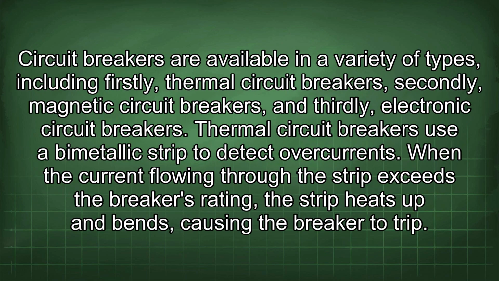Circuit breakers are available in a variety of types, including firstly, thermal circuit breakers, secondly, magnetic circuit breakers, and thirdly, electronic circuit breakers. Thermal circuit breakers use a bimetallic strip to detect overcurrents. When the current flowing through the strip exceeds the breaker's rating, the strip heats up and bends, causing the breaker to trip.